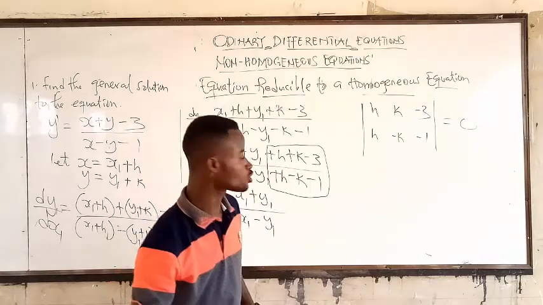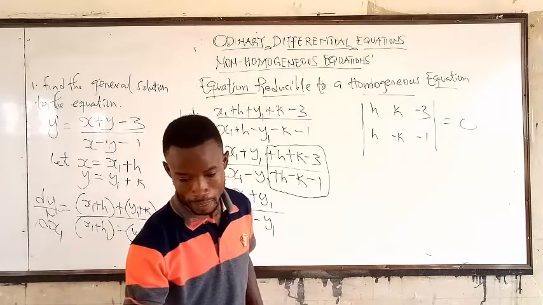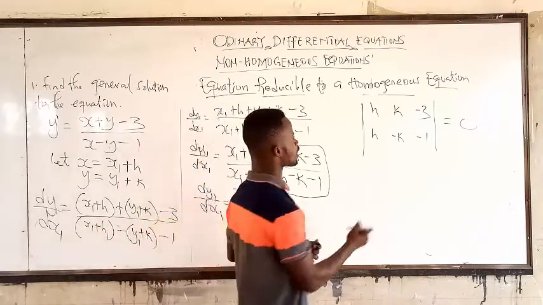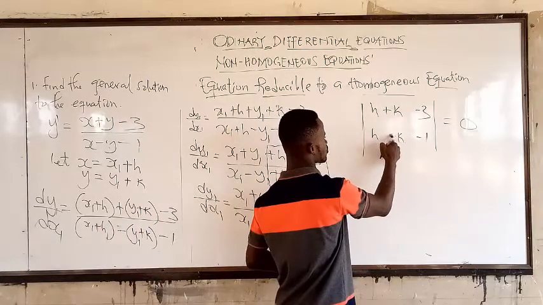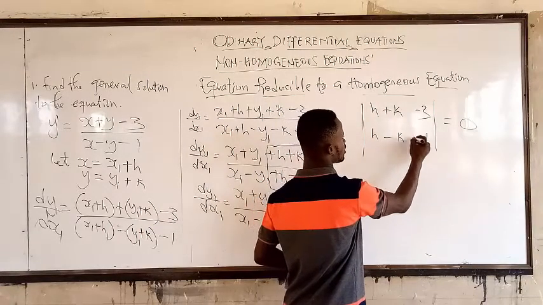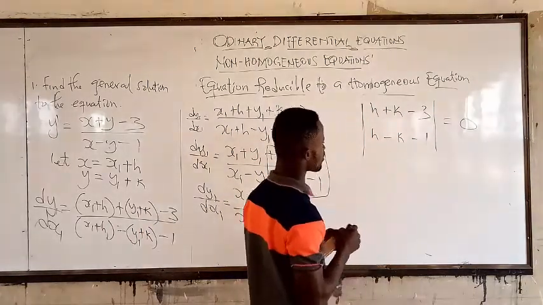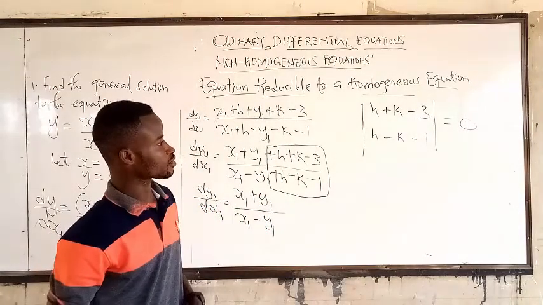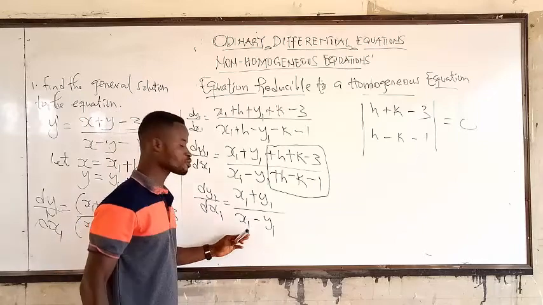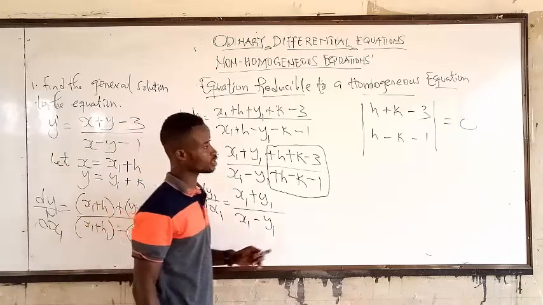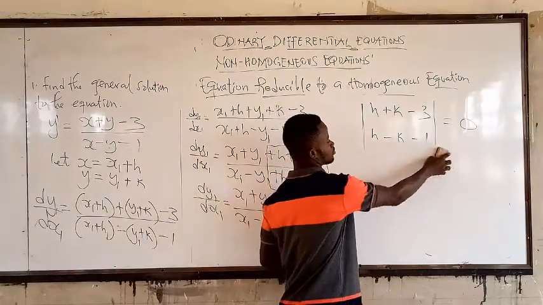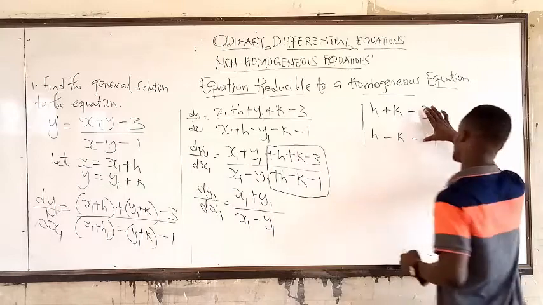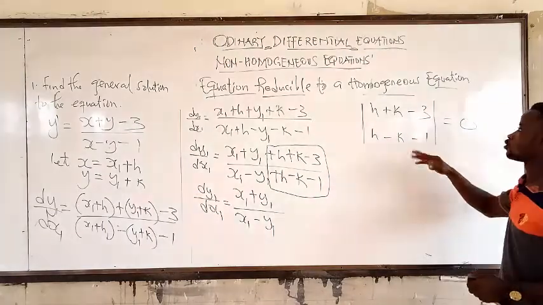Very good. So that's what we have. You can bring this one to be here, minus that. Very good. So what we are going to do is, don't forget, with this we are going to solve it simultaneously.